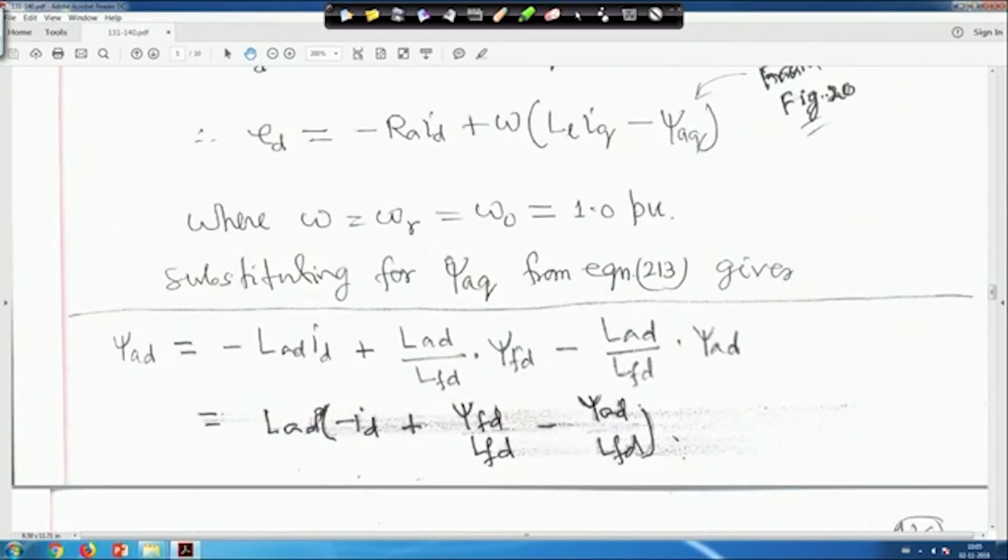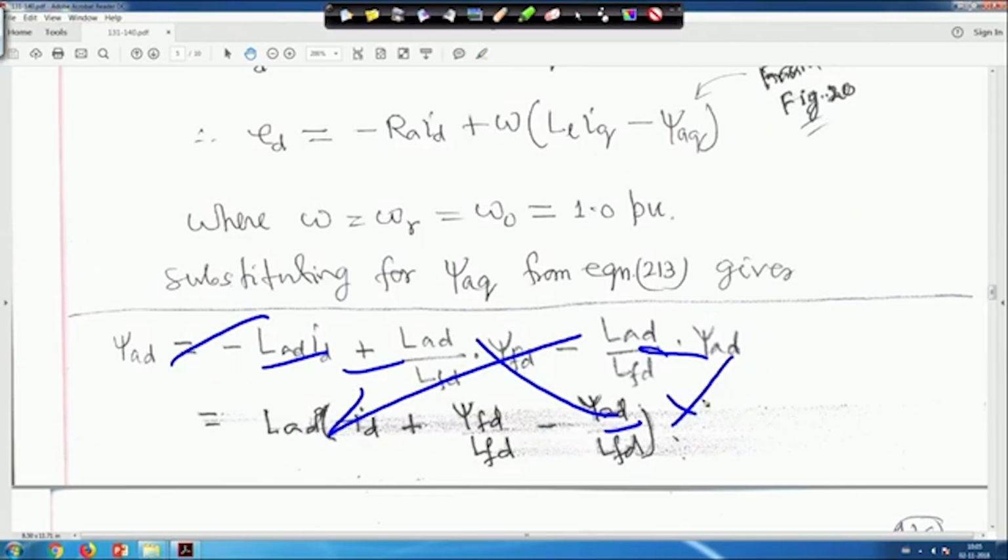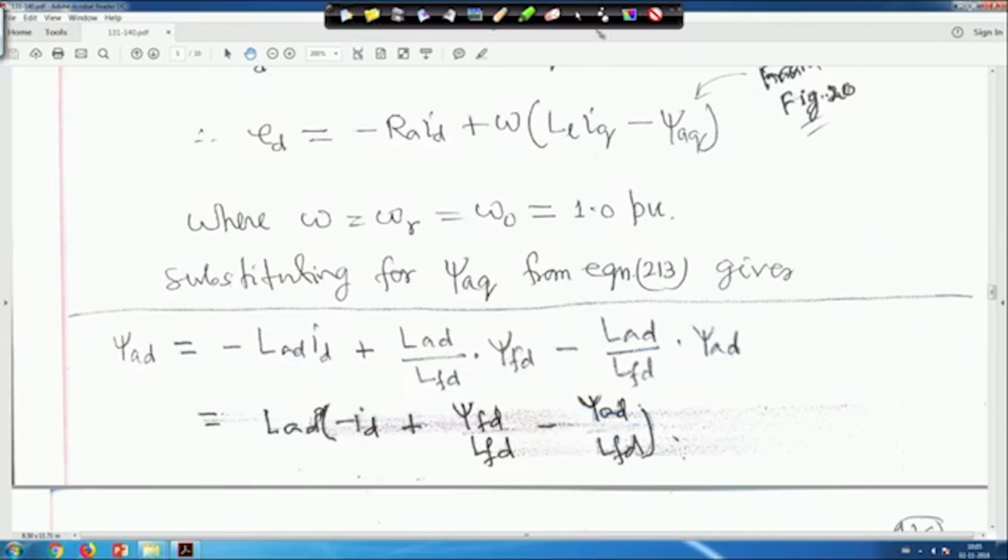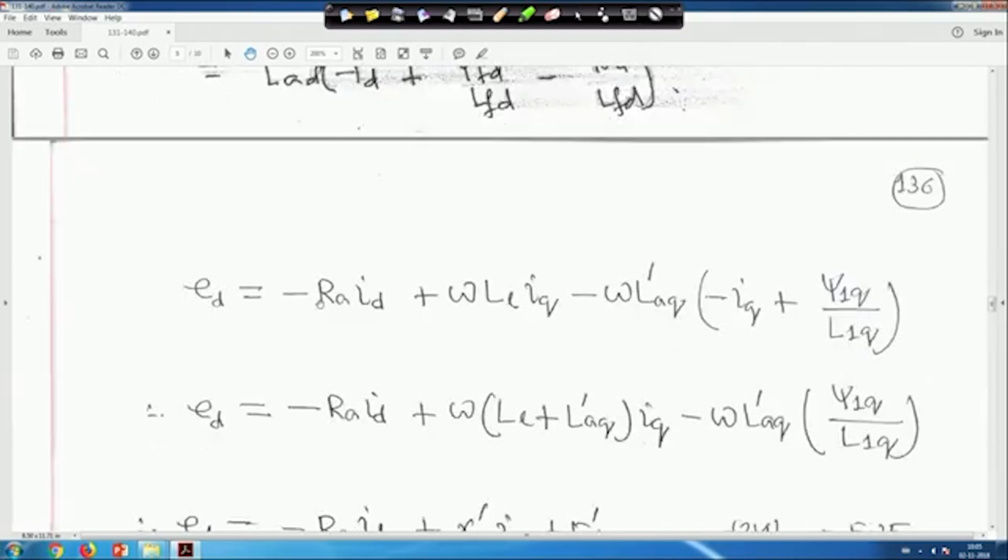You better skip this one and go to the next page. Then you will see that ED will be equal to minus RA ID plus omega LL IQ minus omega LAQ dash in bracket minus IQ plus psi 1Q upon L1Q.